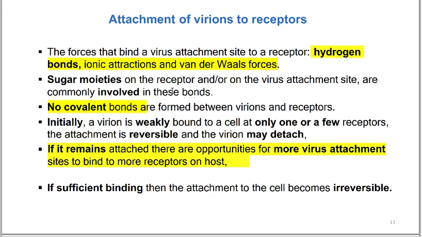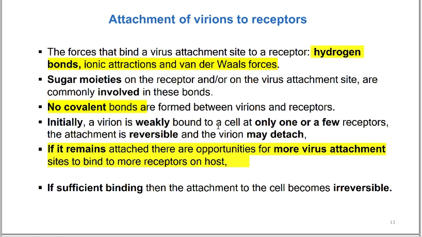Sugar moieties mean the glycoproteins are involved here, and glycoproteins have glycan molecules. They interact here. No covalent bonds are formed between virions and receptor. So that means no covalent bond, no electron sharing, just hydrogen bonds, ionic bonds and van der Waals forces.